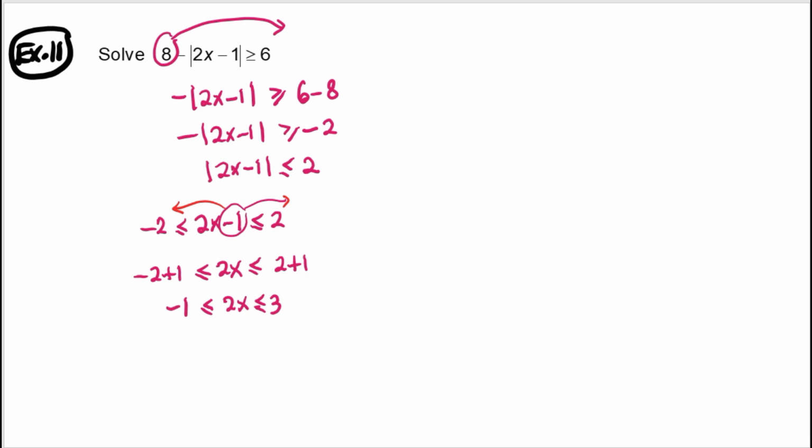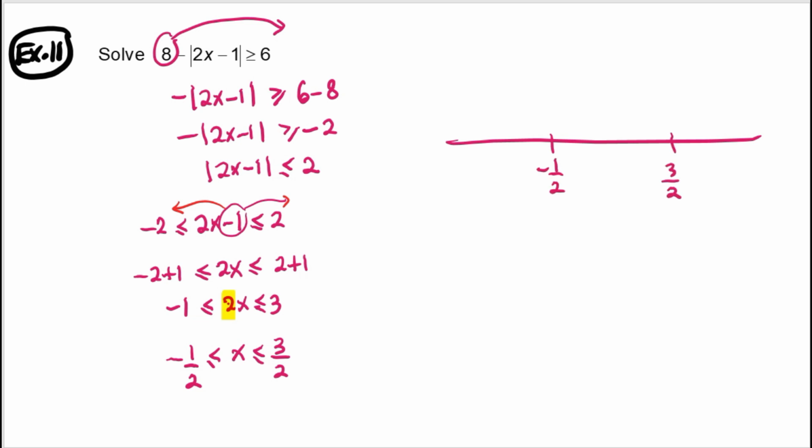To remove the 2, we divide every side by 2. Therefore x is between negative 1 over 2 and 3 over 2, because it's in between. It's something like this. Okay, we are done with this one. Easy, right?